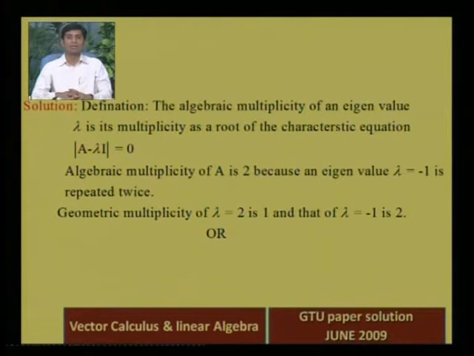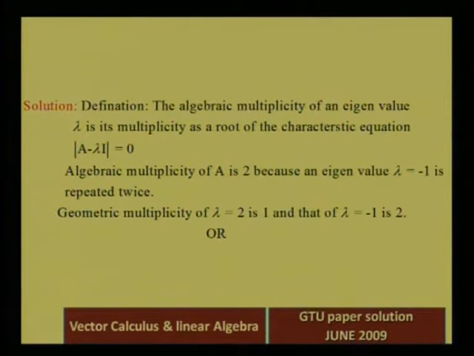Okay. Now the next question is, what is the meaning of geometric multiplicity? You also have to understand that. Suppose we have eigenvalue lambda 1, and corresponding to lambda 1 we get 2 eigenvectors. So we can say that the geometric multiplicity of lambda 1 is 2.